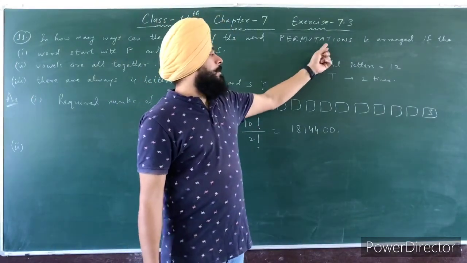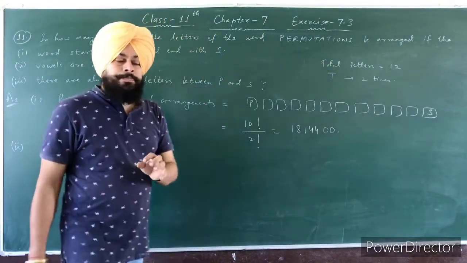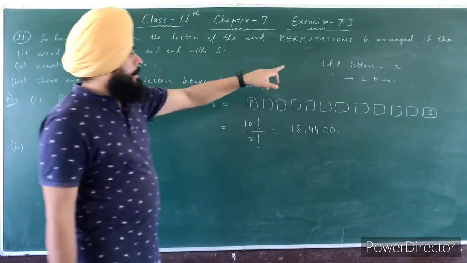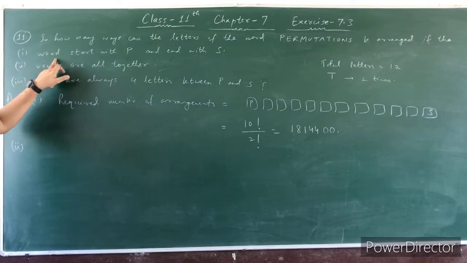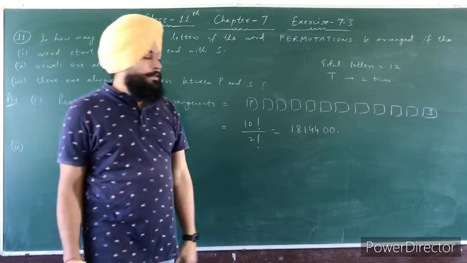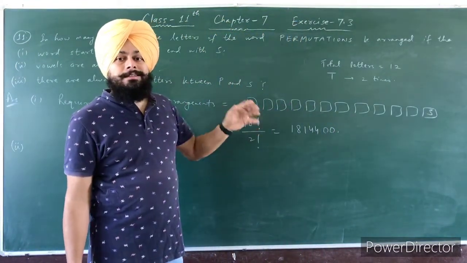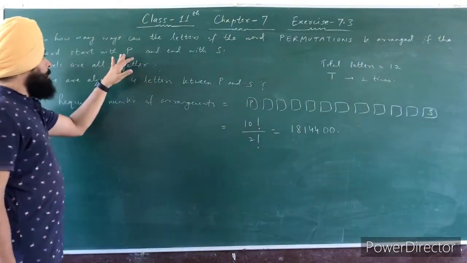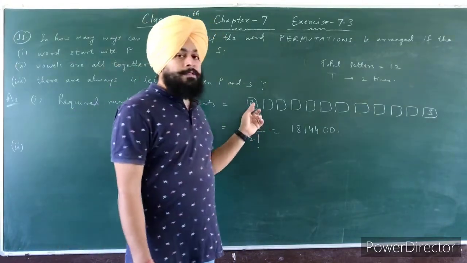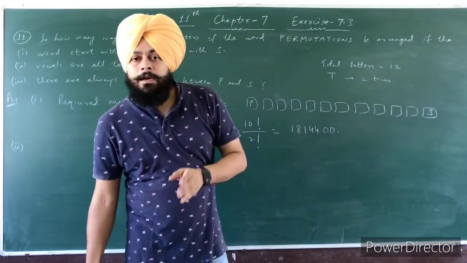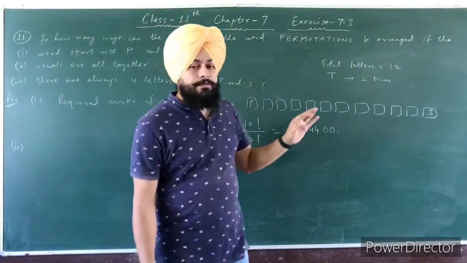In these 12 letters, T comes 2 times, the only letter which is repeated. So in the first part we have to find the number of arrangements in which the word starts with P and ends with S. First you have to make 12 boxes, and in the first box the P letter is fixed because the question statement already says it starts with P and ends with S. It means P and S are both fixed, so don't need to count them.